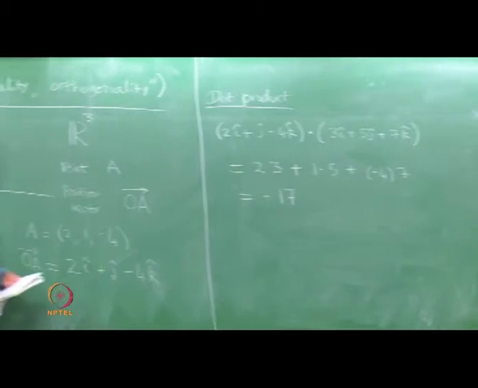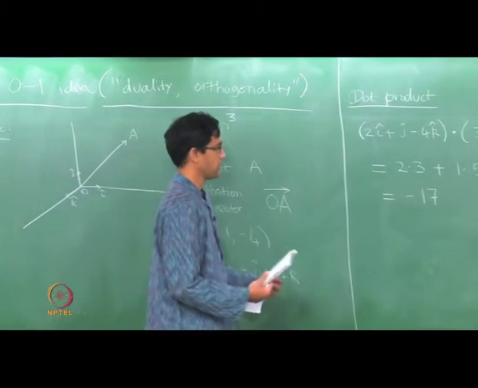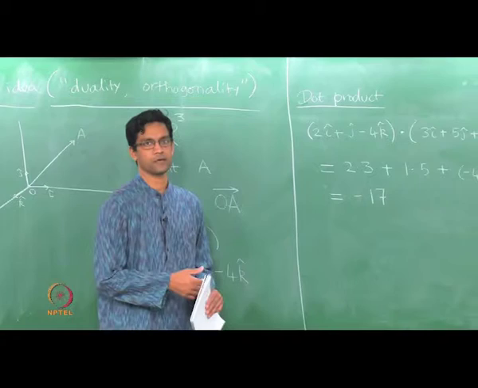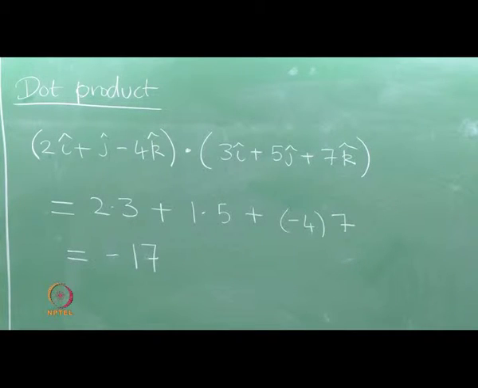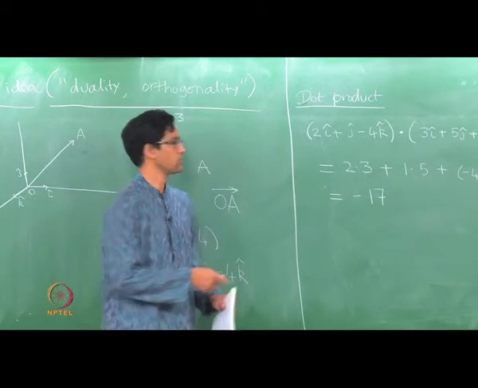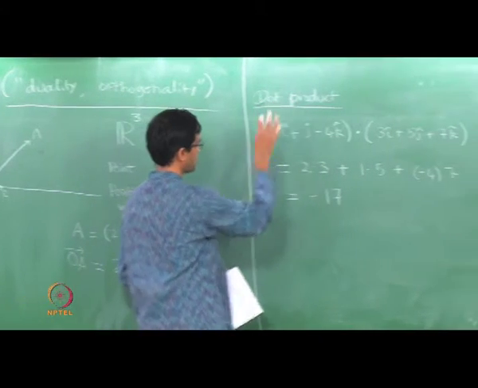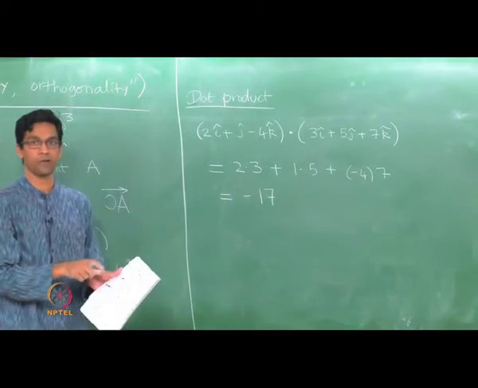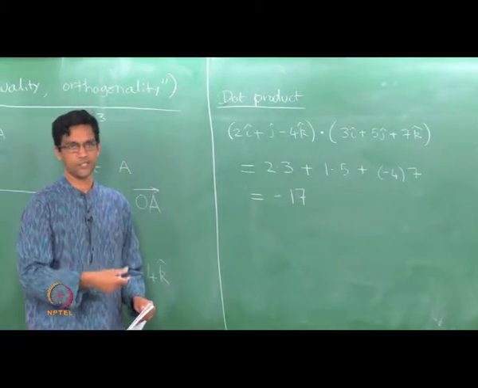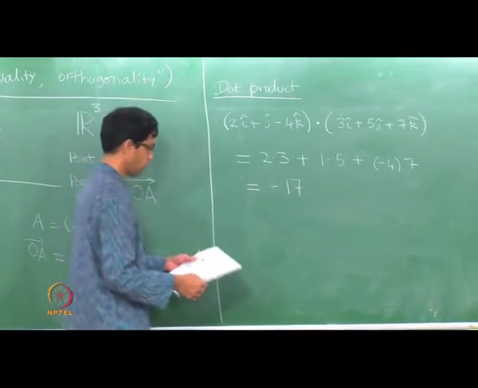That's the definition of the dot product, and recall that the dot product contains some geometrical information regarding the angles and lengths of vectors. Here are 2 vectors; the dot product encodes some information about the angle between them and what their lengths are.